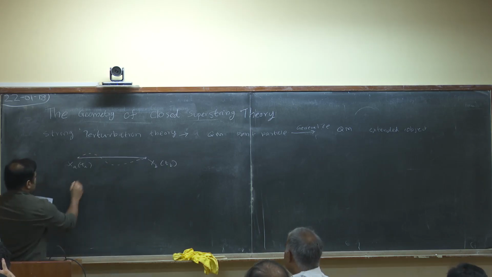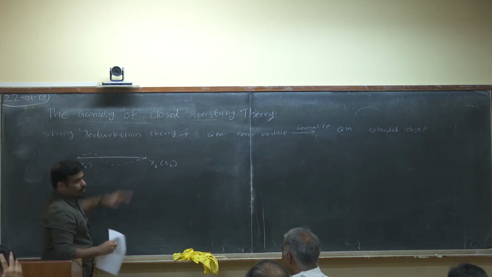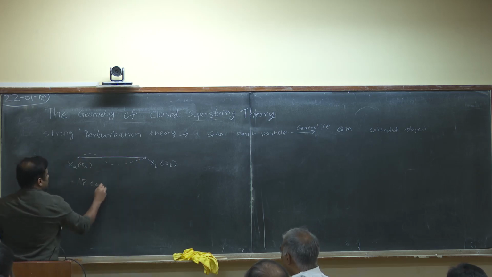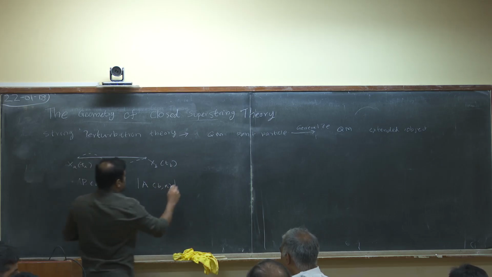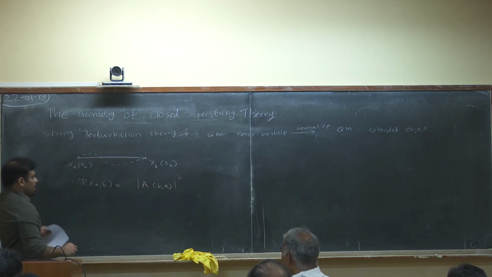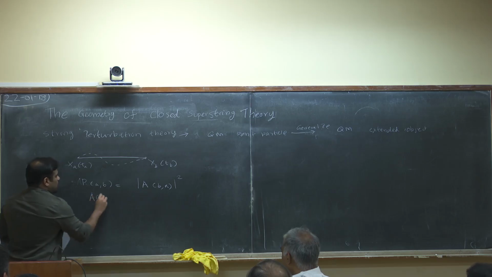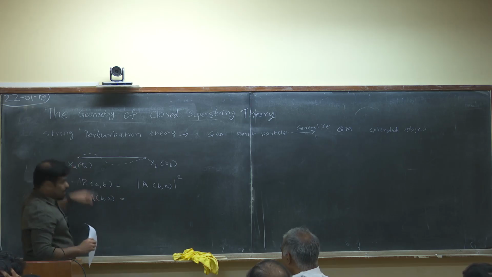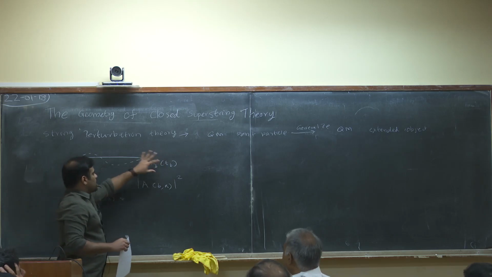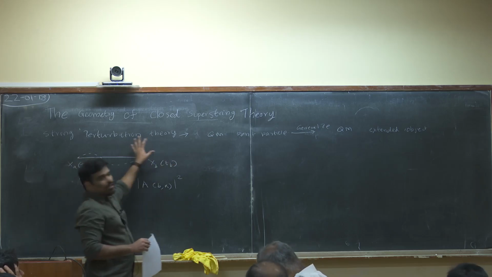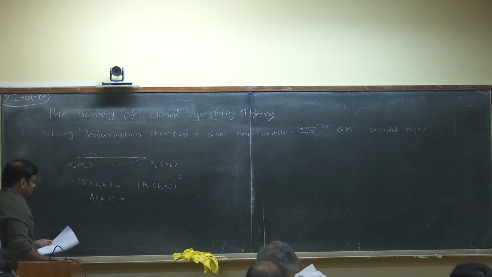Then one can write down the probability for this process to happen as the square of the amplitude described in this propagation process. Now how do you compute the amplitude A to B? Here A corresponds to the initial state and B represents the final state, which is described by saying what is the position of the particle in space-time.